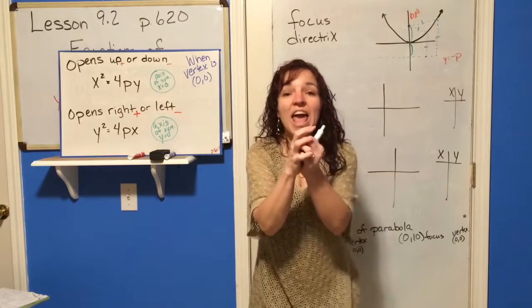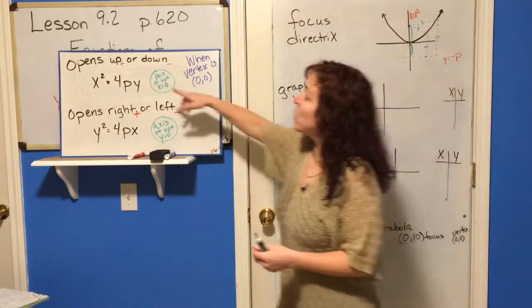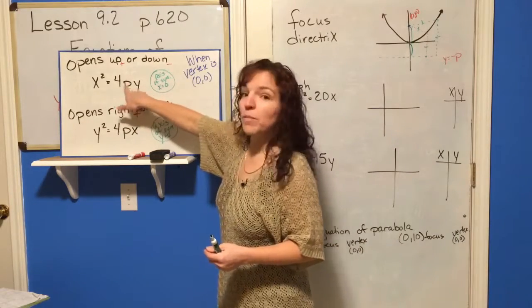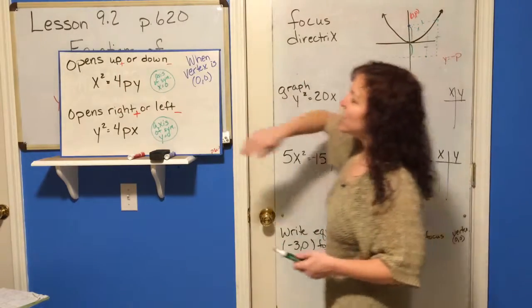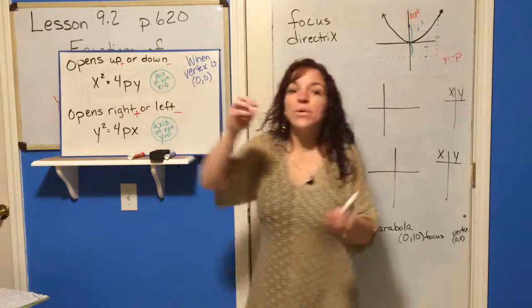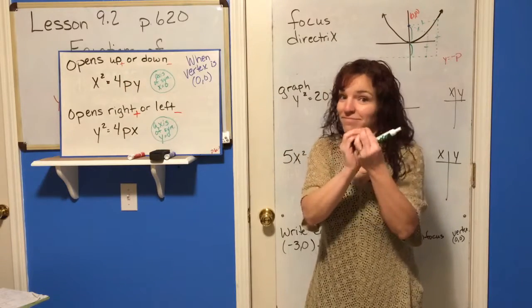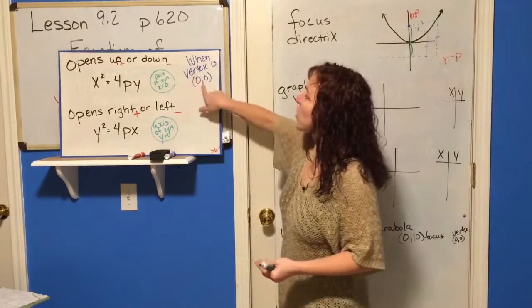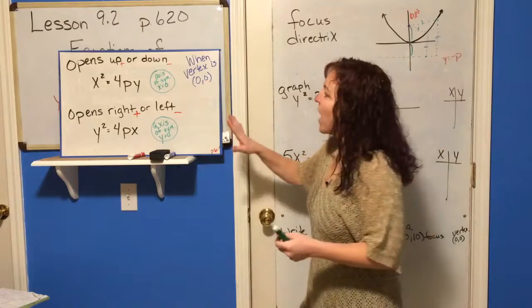So instead of that a, what we've done is divided that a by 4. And then what we get is this number, if you'll remember, the p from your focus. So p is the distance that your focus is from the origin. And all of these are when your vertex is at the origin. We're going to stay at the origin for now.